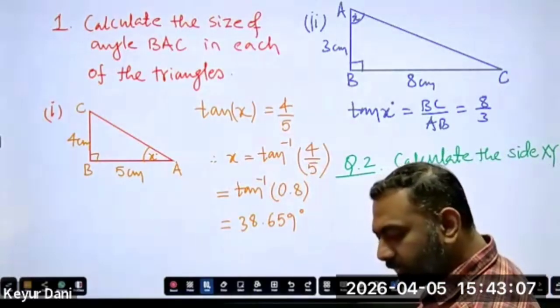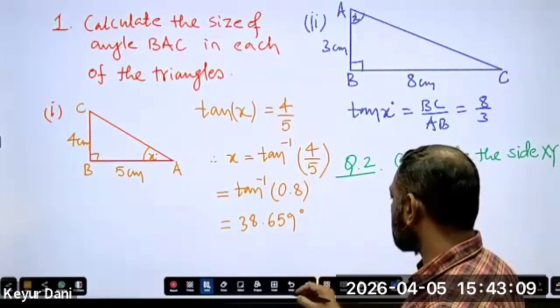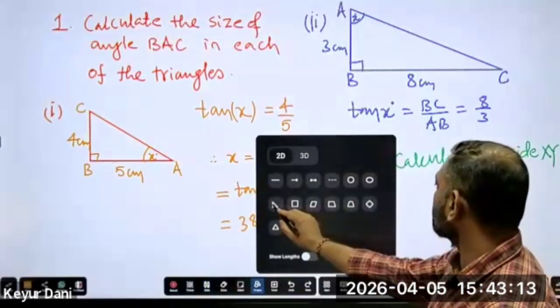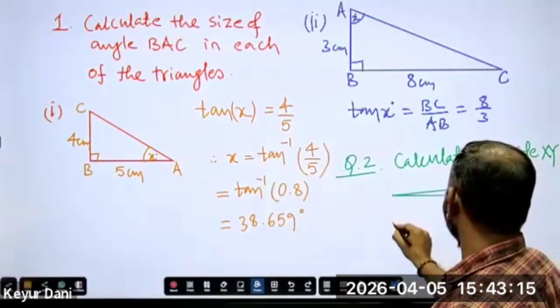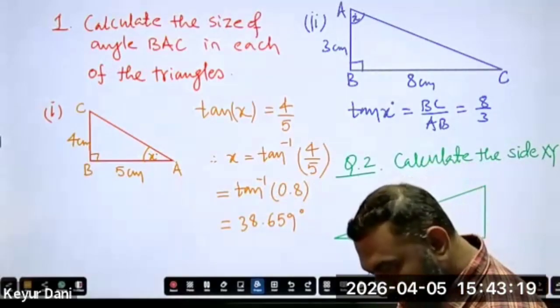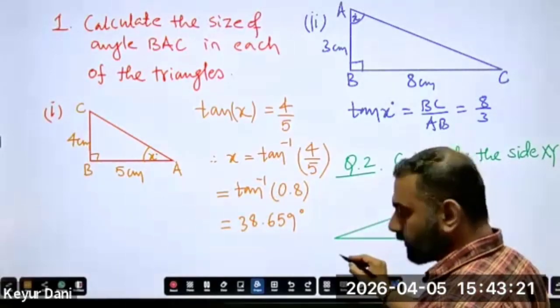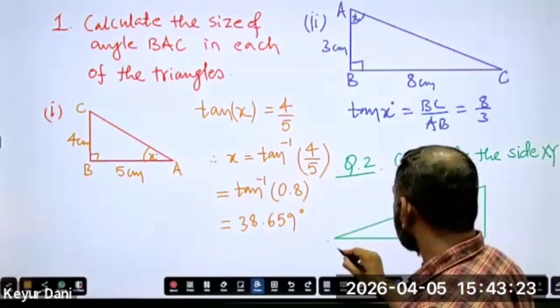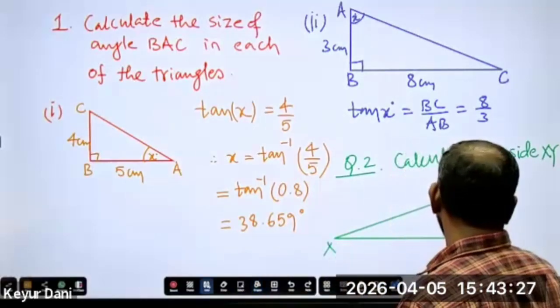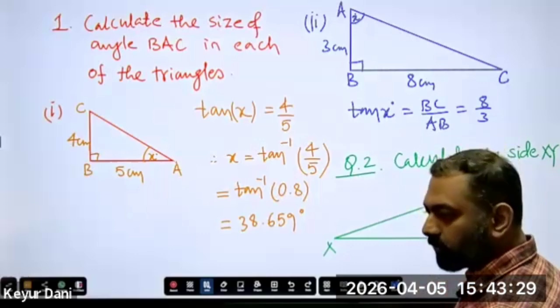Now the triangle that is given to you is this. This is x, this is y, this is z. All right.